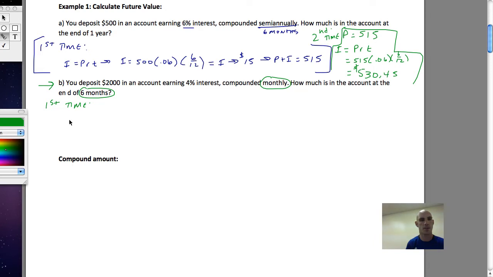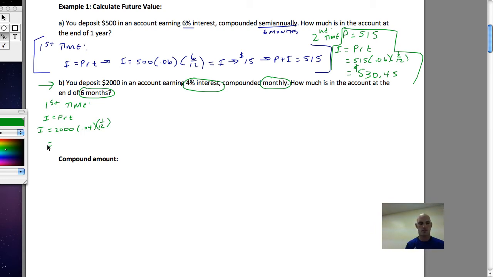So the first time we say interest equals principal times rate times time. Interest equals 2,000 times 0.04, and it's an annual interest rate, so we have 1 out of 12, right? And when we calculate that, let me get out my calculator here. Okay.